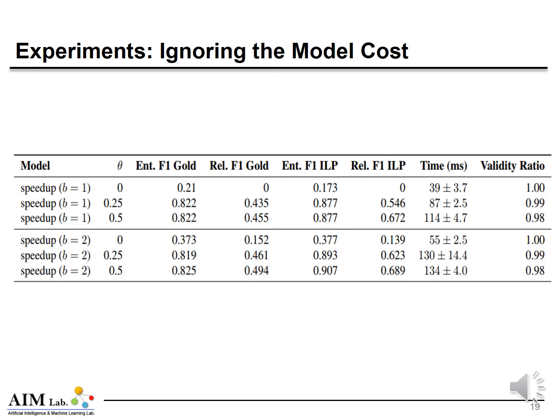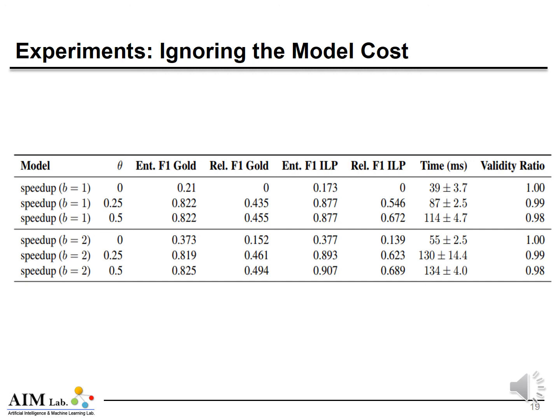And this paper empirically verified the idea that we do not always need to compute the path cost if the heuristic gap is large. For both beamwidths, theta equals 0 is the case in which the original model is completely ignored. All the nodes are ranked using the speedup heuristic function only.